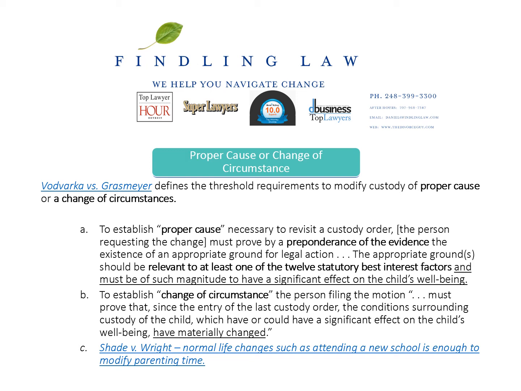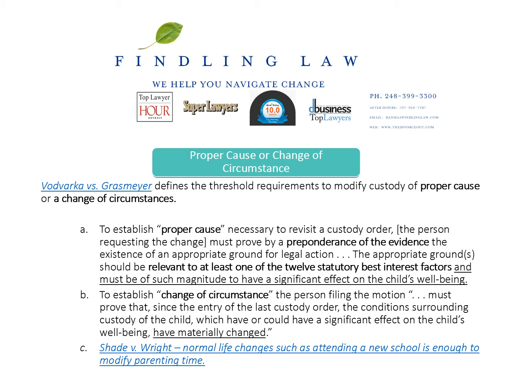So if parenting time was equal, and the request to modify parenting time would result in the other parent not having equal parenting time, that's a change of custody and the higher threshold applies.